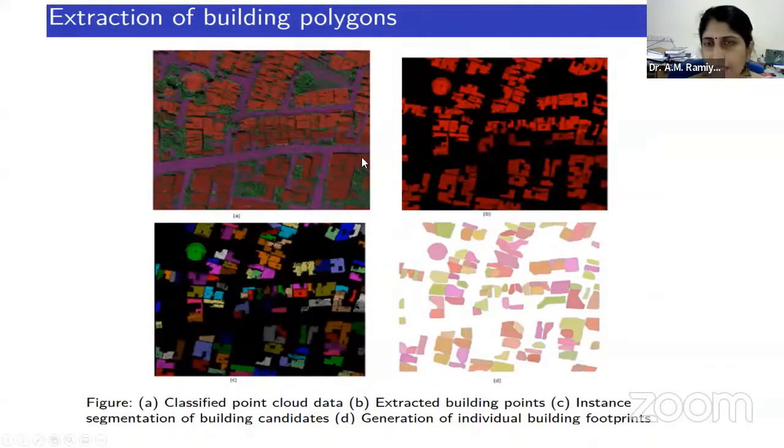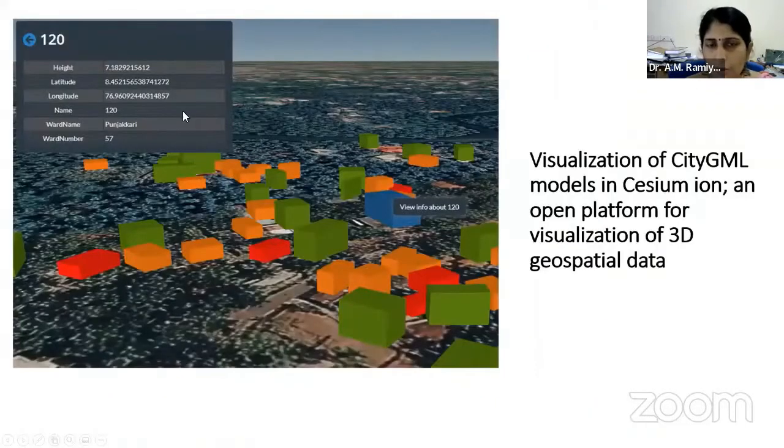Once all the points are classified into different categories, we have classified into 8 categories, we isolated only the building points, and from those we used some instance segmentation approaches to isolate each and every building. From that, we created the building footprints. All these are automated procedures. Once that is done, these buildings are then used to create the CityGML model.